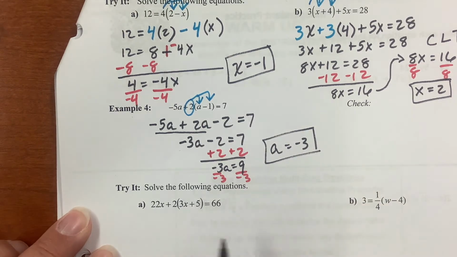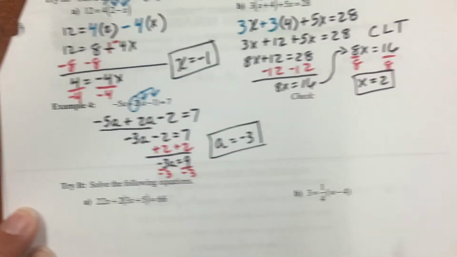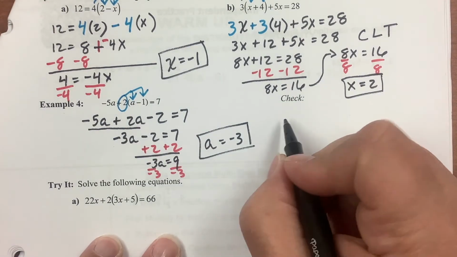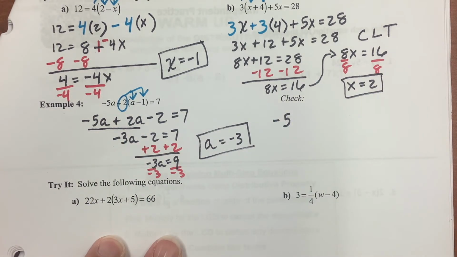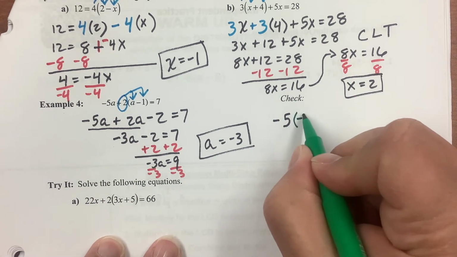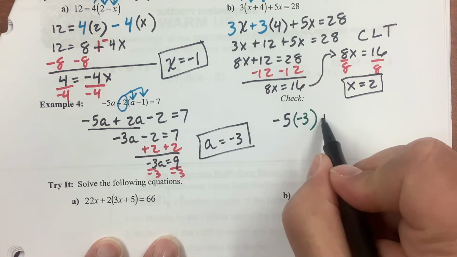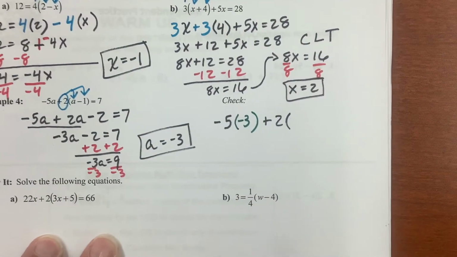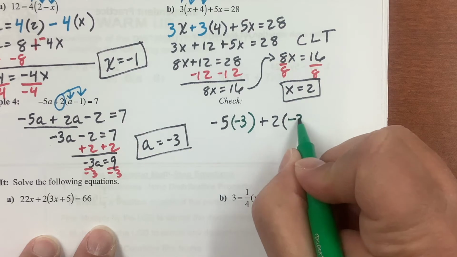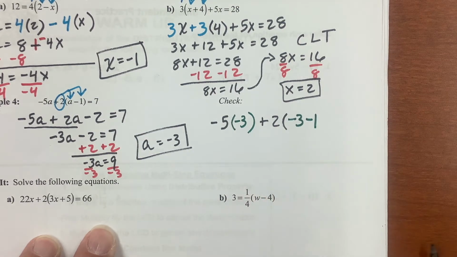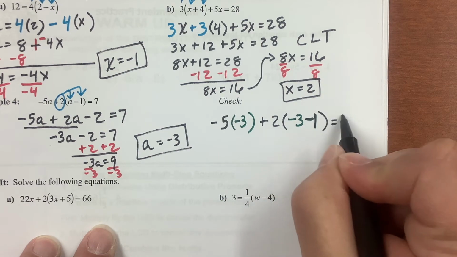Okay, now I go back to my original equation, and I put negative 3 in wherever there's an a. So, negative 5 times negative 3 plus 2 times negative 3 minus 1 equals 7.